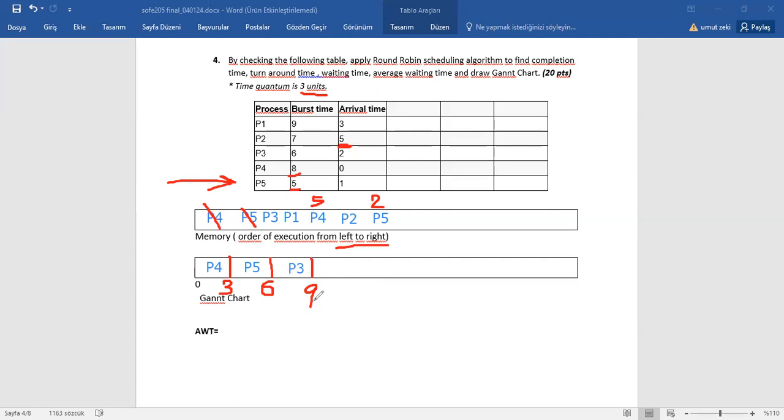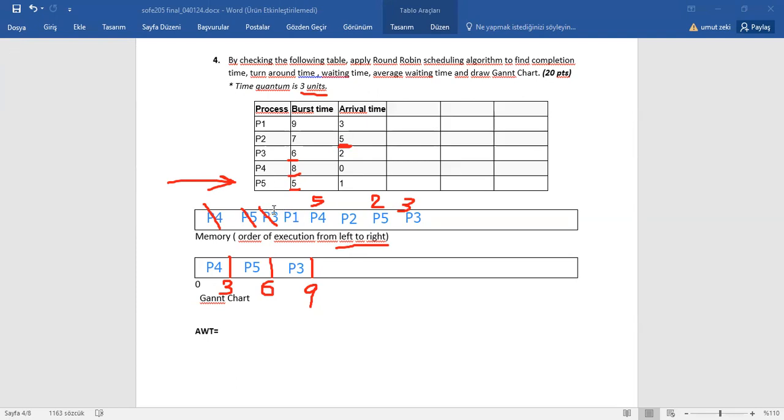P3, 3 nanoseconds. What is the burst time? 6. So when P3 is finished here, I don't need to think about whether any other processes came to the memory, because all of them are there. So I can directly put P3 here, and how much time remains? 6 minus 3, 3 nanoseconds. What is the next one?